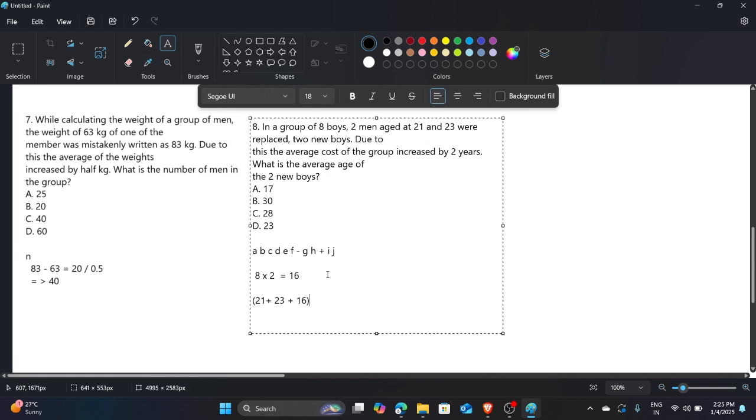The number of boys is 2, and for the average we divide by the count. Adding them, 21 plus 23 is 44, plus 16 is 60, divided by 2, so the answer is 30.